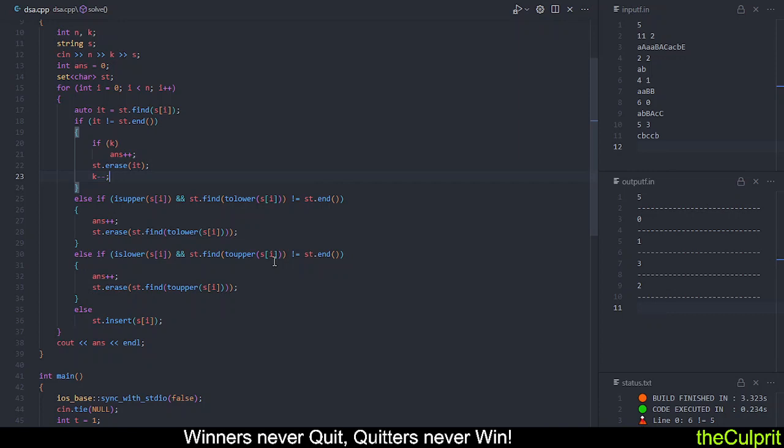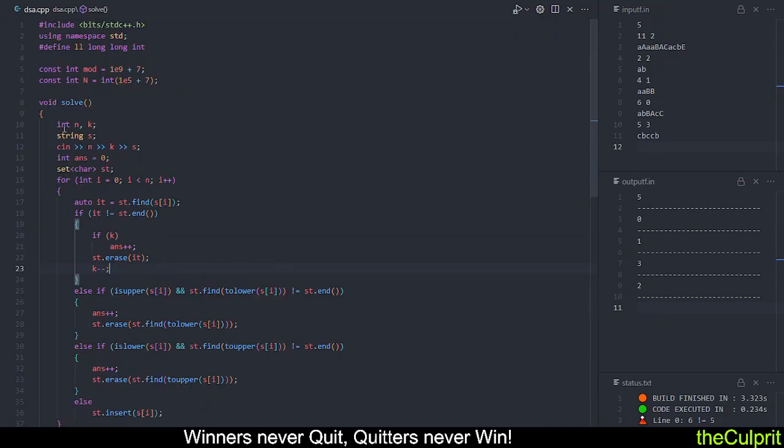Let us try to debug this. So this would be my input taken. This would be the answer variable, and this set can contain multiple values.